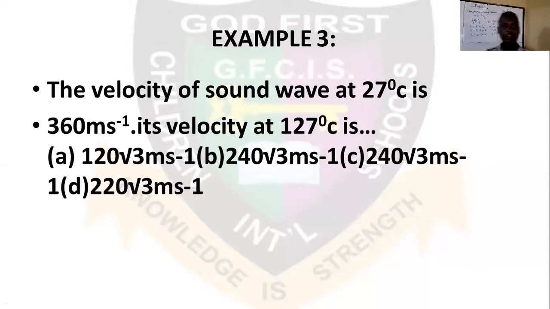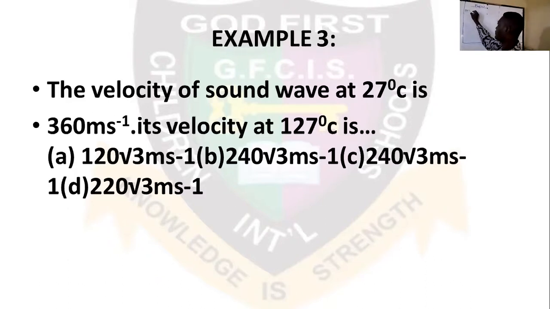Now, example 3. The velocity of a sound wave at 27 degrees Celsius is 360 meters per second. Its velocity at 127 degrees Celsius is given as what? So you remember, or if you recall, in one of our classes, we said, or let's write out the parameters first.